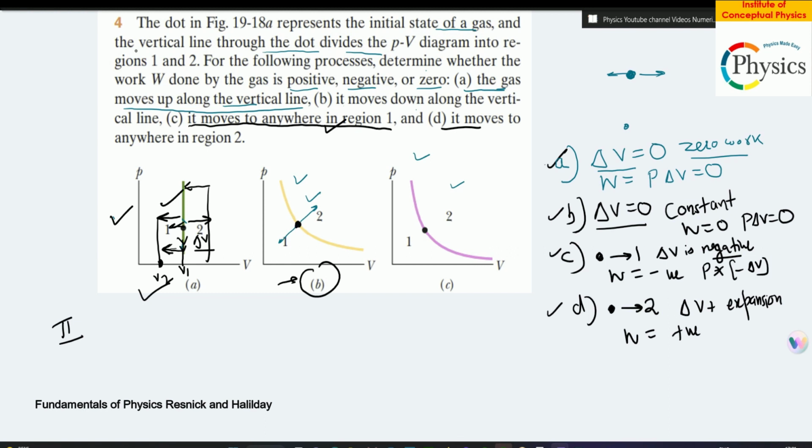If you talk about this particular scenario, there are scenarios C and D, right? So the gas moves in the region 1. Let's say the gas moves like this. If you notice, instead of traversing this path, you follow this path in the region 1, and you go further lower, what is happening is your volume changes for the same pressure.